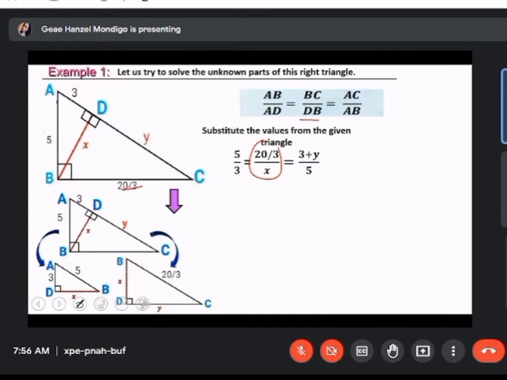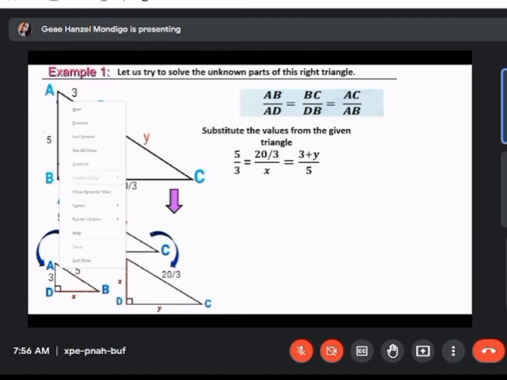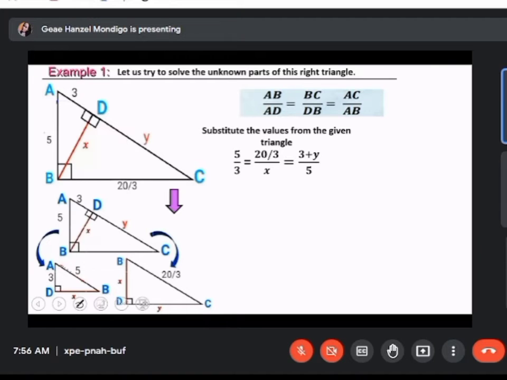And the last one, 3 plus y over 5. The 3 plus y is our AC, and AB is 5. So again, we're going first to get the value of our x here. So we could use the first pair of our ratio.